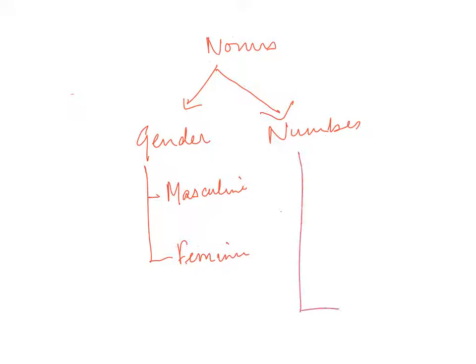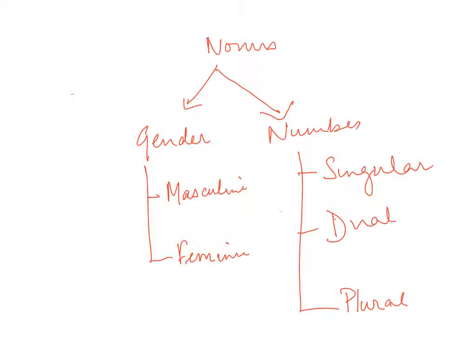Number can be singular, which means it's referring to one item. It can be dual, and this is something very unique in Hebrew. A dual is when it refers to two items, and we'll deal with that later. And then we have plural, which is more than two items.